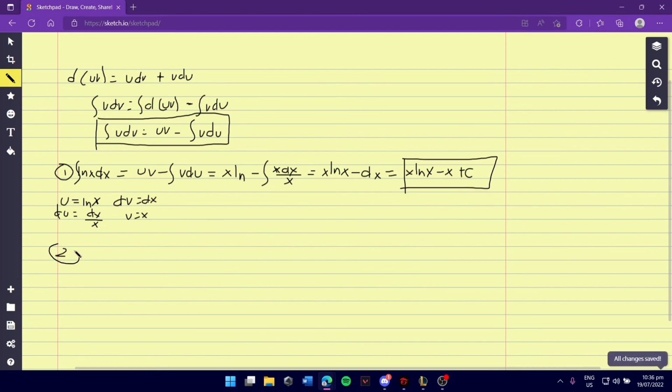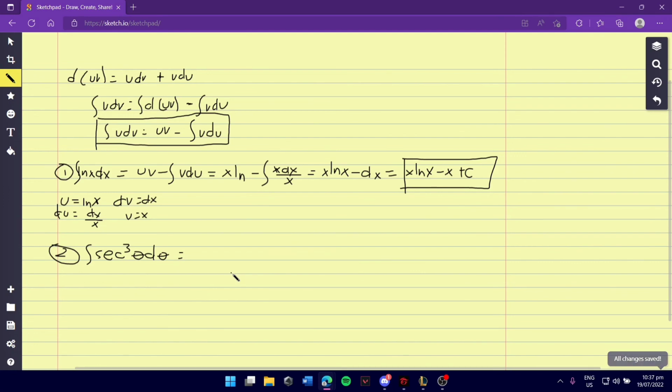So in our next example, let's go trigonometry. We have here secant cubed theta. We will use theta and then d theta.